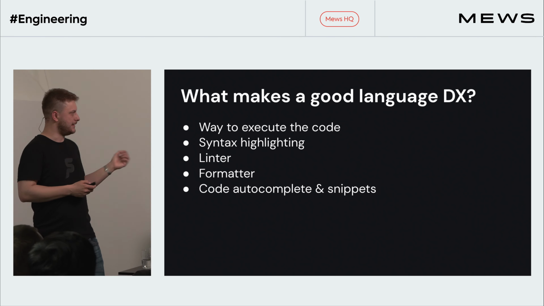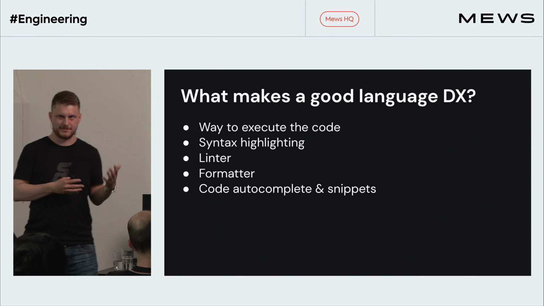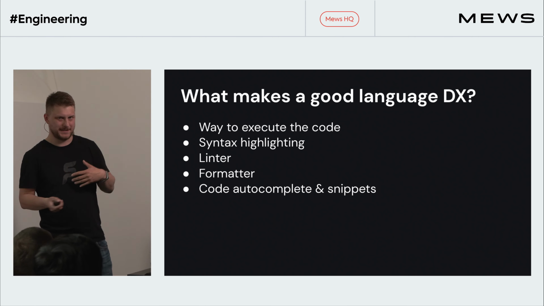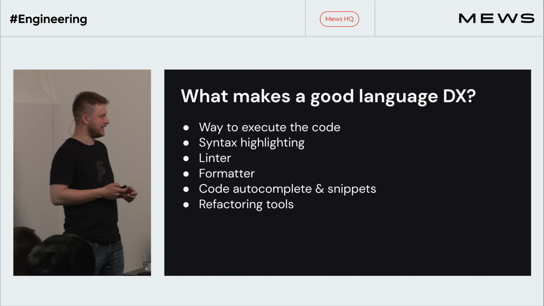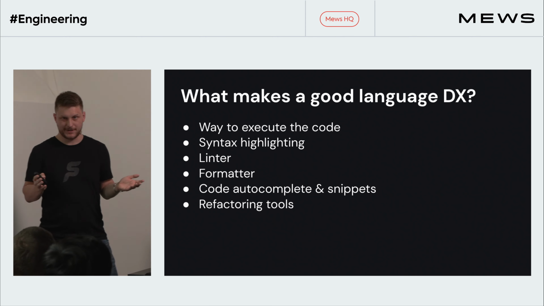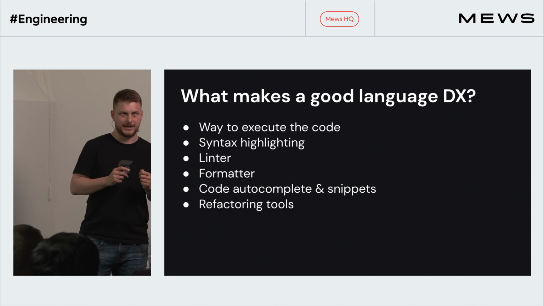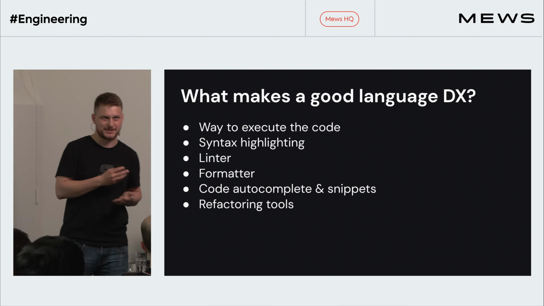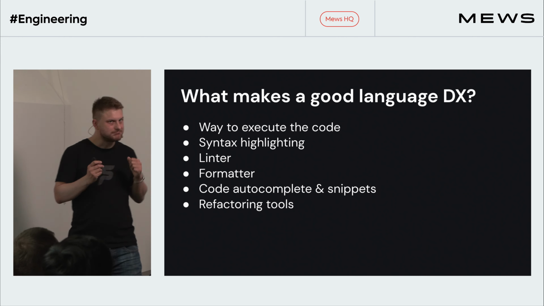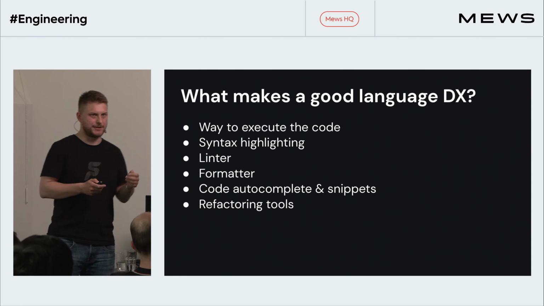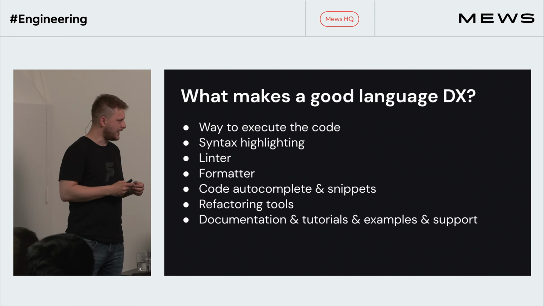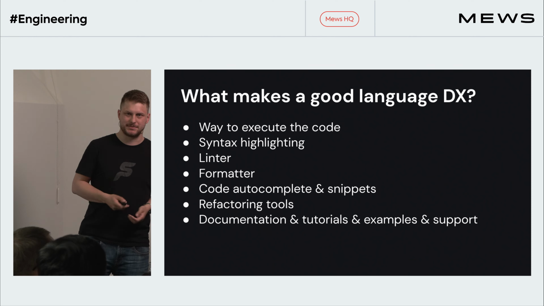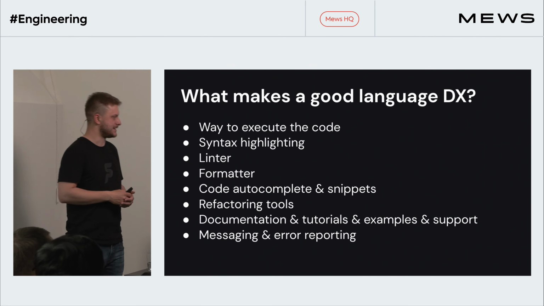Formatter, maybe some deeper editor integration with code auto-completion, snippets, stuff like that, can be very useful. Maybe some tools for refactoring. If you don't want to write your code mods every time you want to, for example, rename a function, you could build tooling for that. And obviously documentation, tutorials, examples, and also having some support for developers.